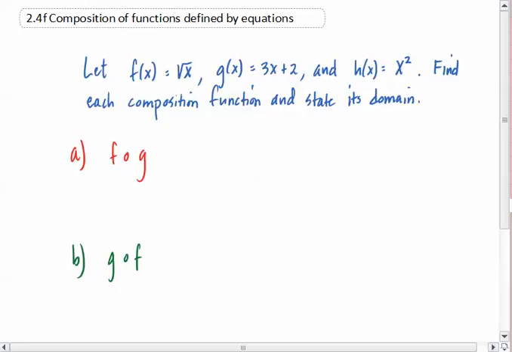So first they want f of g of x, and again, it means this: f of g of x, or some people say f after g. But again, I'm going to go ahead and write the outside function first, because we are kind of starting with g, but it's going to go into the f function.